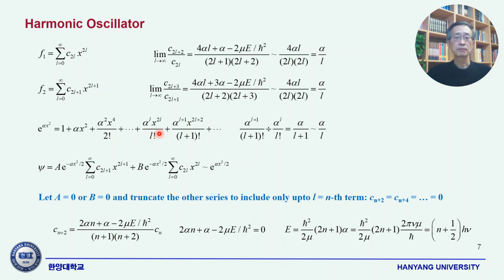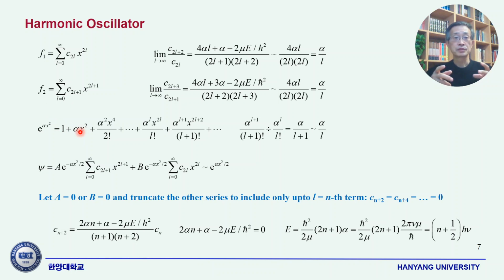So we pick up two consecutive terms when l is large and compare them. Then this coefficient divided by that coefficient will give you alpha over l plus 1. L is large, which is alpha over l. Then these series behave the same. Obviously this diverges when x goes to infinity or negative infinity, which means that these two, f_1 and f_2, also diverge, right?